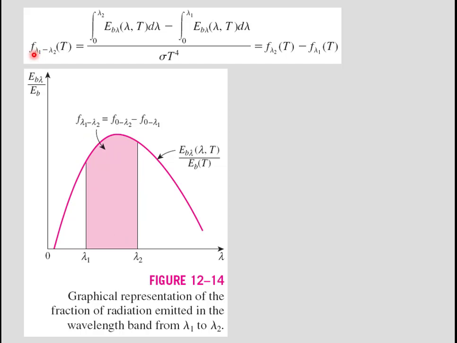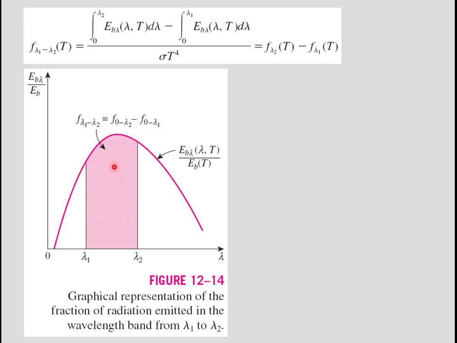This fraction of the radiation energy is equal to the radiation function for wavelength lambda 2 at temperature T minus the radiation fraction function for waves with wavelength lambda 1 at temperature T.